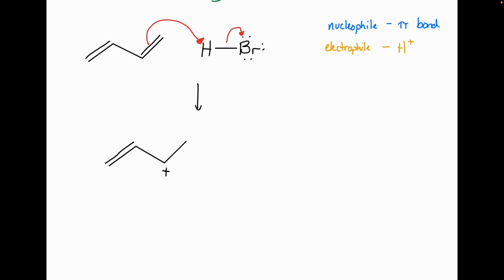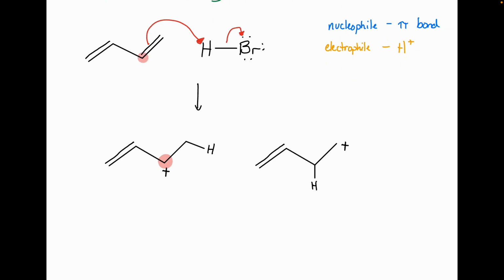I can either put my carbocation over here and my new carbon-hydrogen bond all the way on the end, or I can swap them. This is where we left off last time, discussing these two intermediates. We said that only one of them will actually form here. Again, the difference between them is simply where that carbocation has formed.